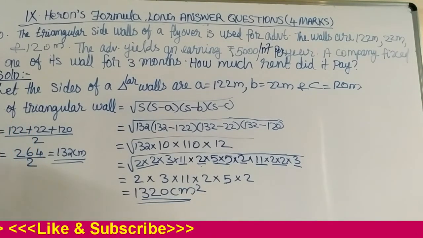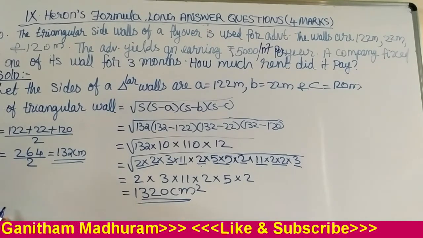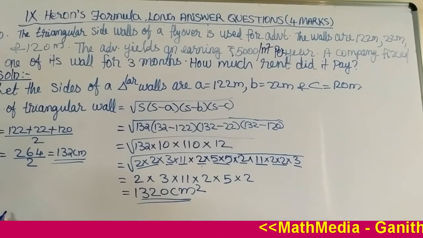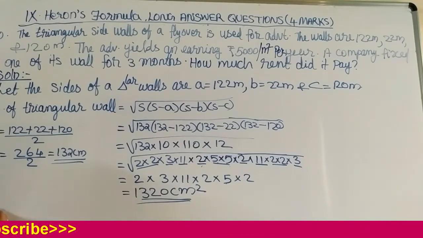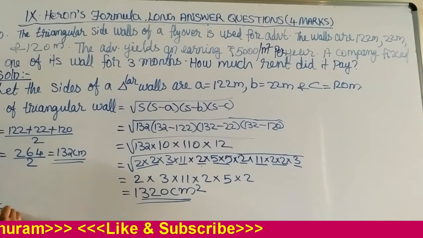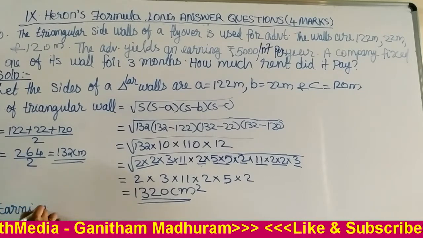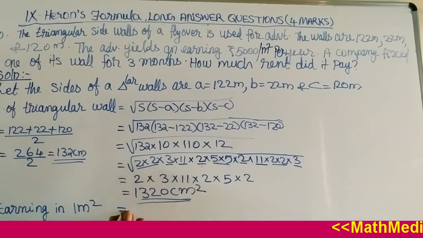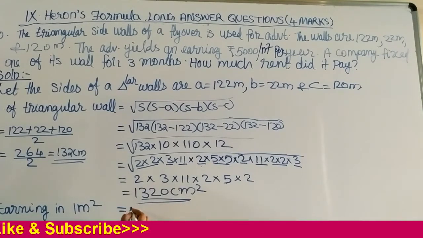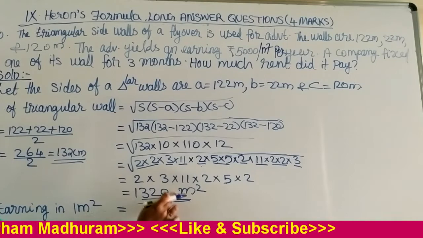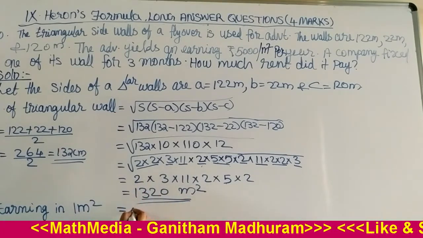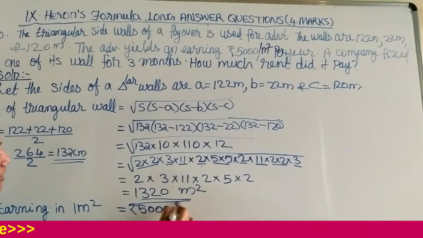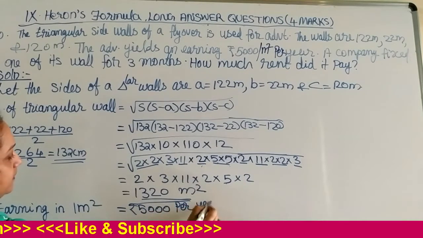And it is given that the advertisement yields an earning of rupees 5,000 per meter square. So we can write down the earning in 1 meter square equal to rupees 5,000 per year.